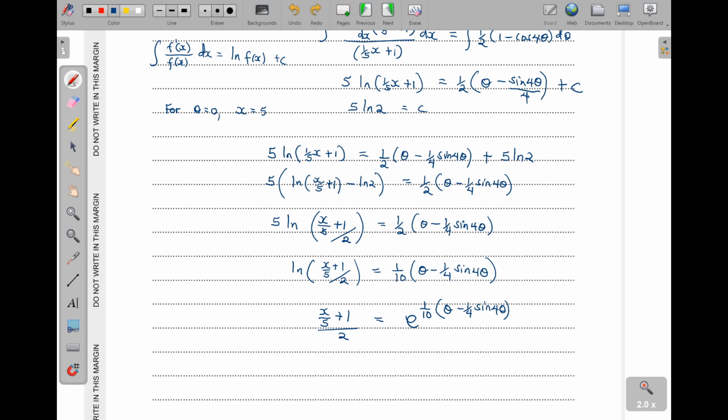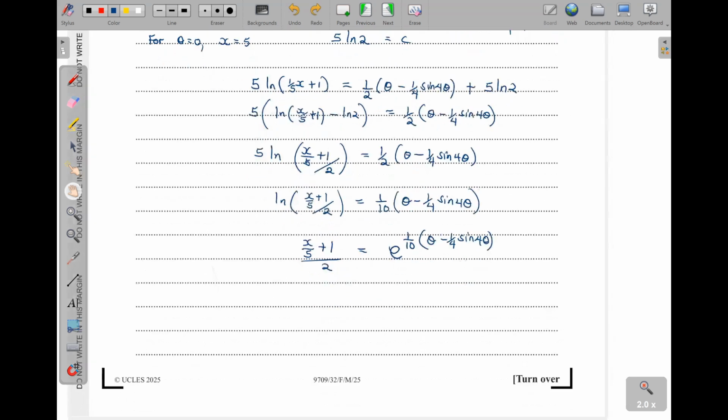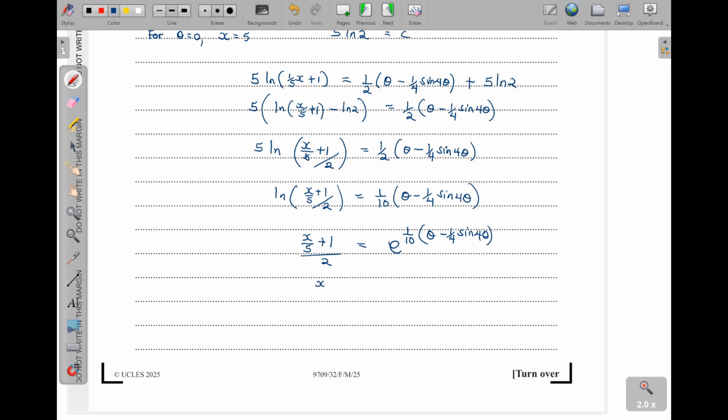So when we multiply all through by 2, this one is going to give us x over 5 plus 1 is equal to 2 e to the power of 1 over 10 into theta minus a quarter sine 4 theta. And then take away the 1, you get x over 5 shall be equal to 2 e to the power of 1 over 10 theta minus a quarter sine of 4 theta, and then minus 1.